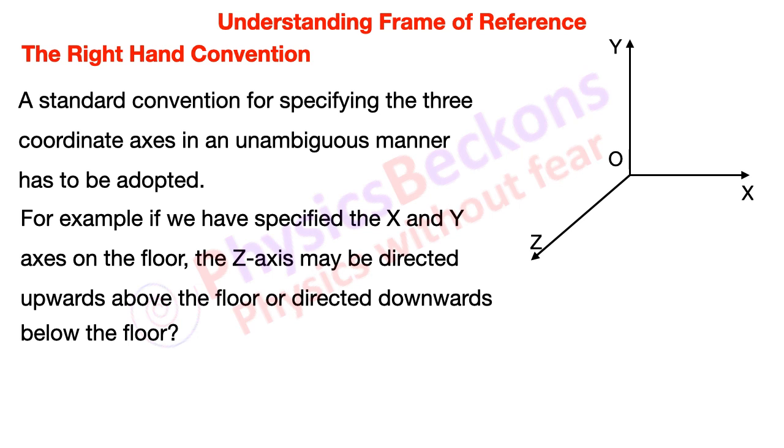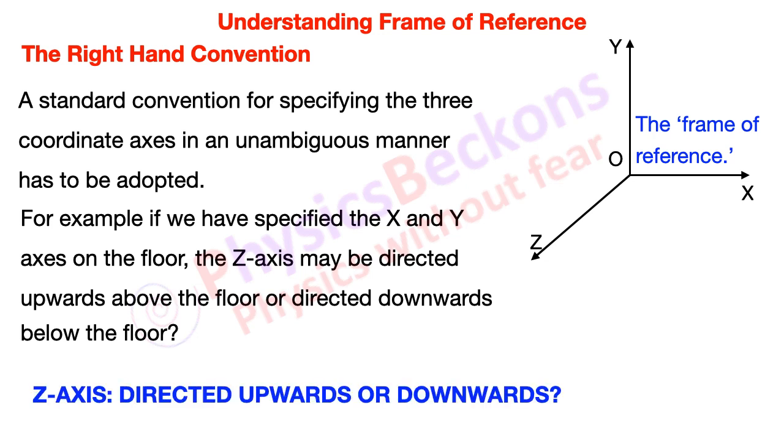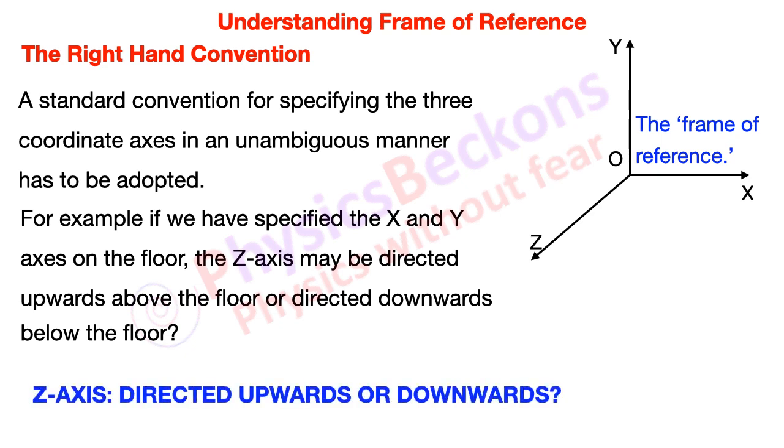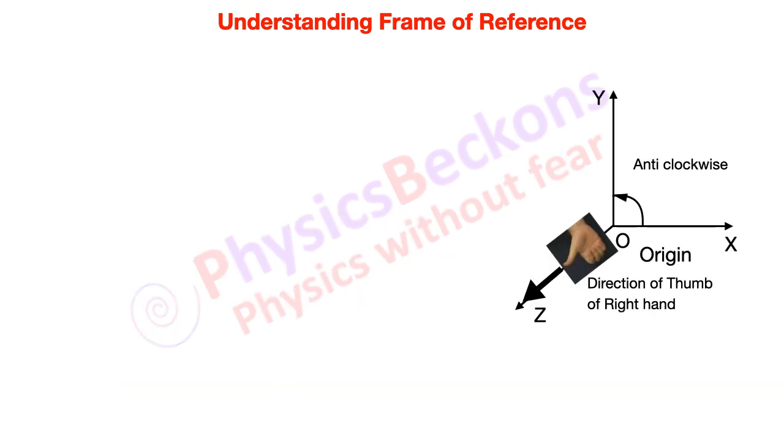The z axis may be directed out of the floor or into the floor, that is, upward or downward. For this, we need to adopt a convention. Let us see what convention we use. As stated, it is called the right-hand convention.